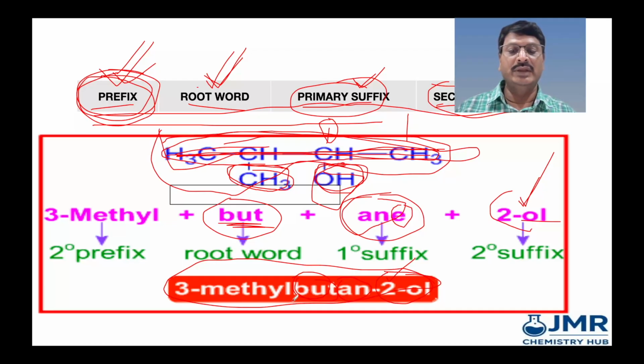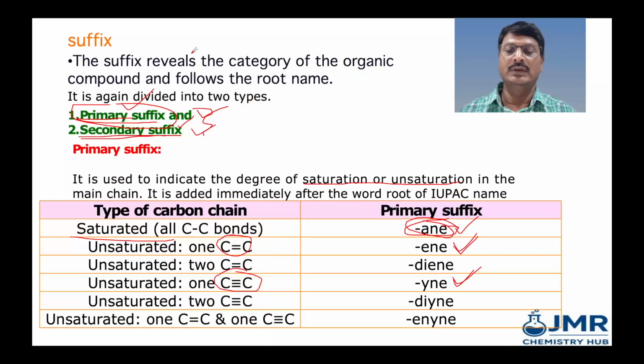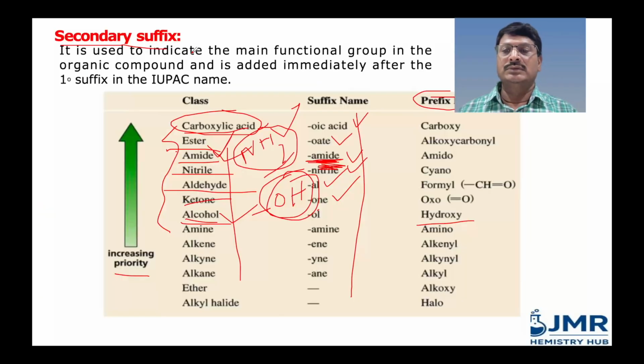So the compound is butan-2-ol. It contains one substituent also. The substituent will be given by using the prefix word. Later we will discuss that. So the secondary suffix will come when a compound contains a functional group. These are the suffix names, depending upon the different types of functional groups.